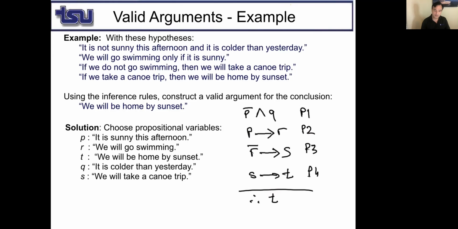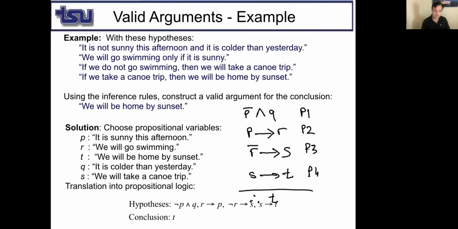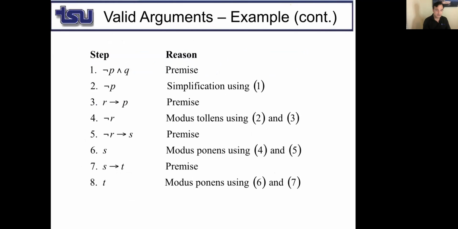Okay. So we will start with that here. This was the first premise, P not and Q. If P not and Q is true, that means P not must be true and Q must be true, right? So P not is true, simply from simplification. And the second premise was R implies P. So look here. What was modus tollens?